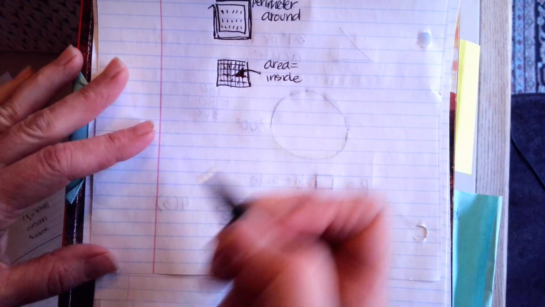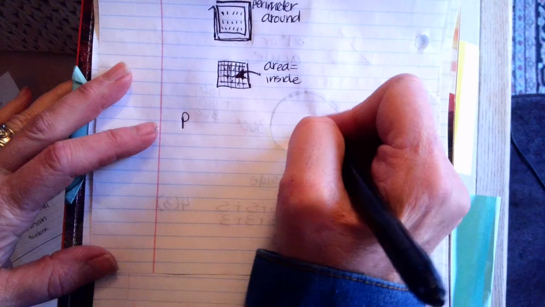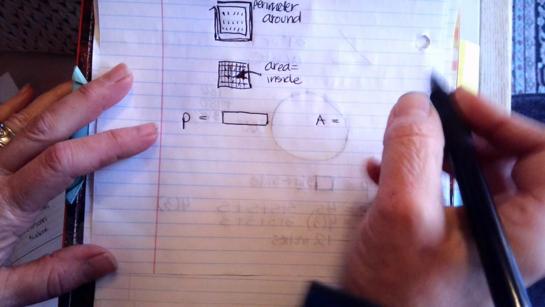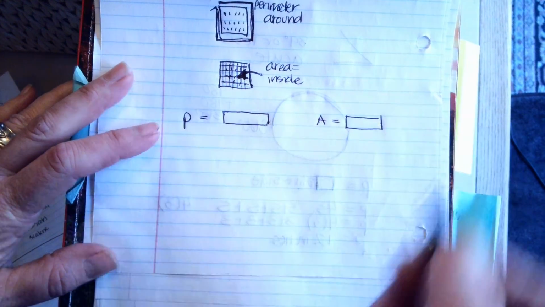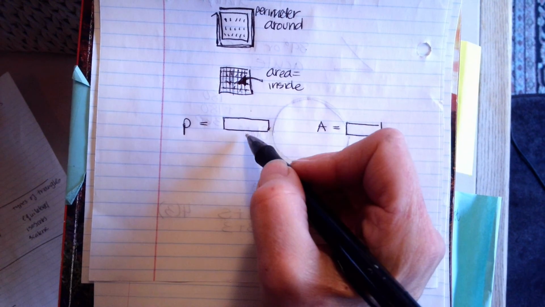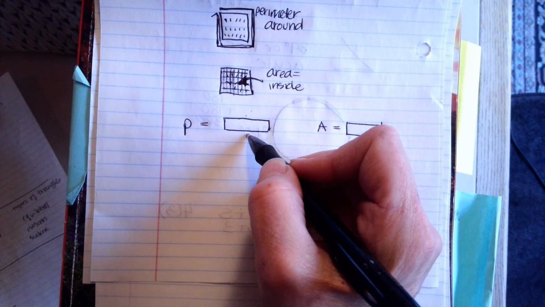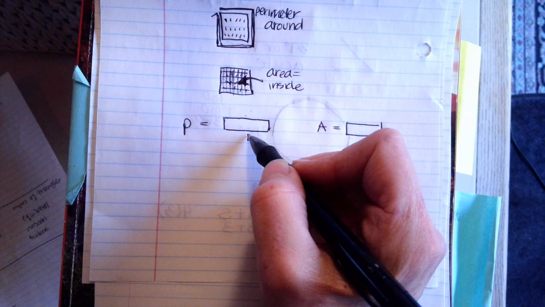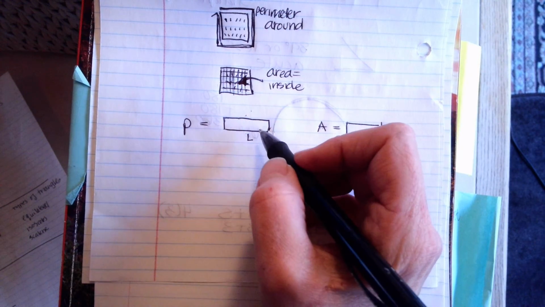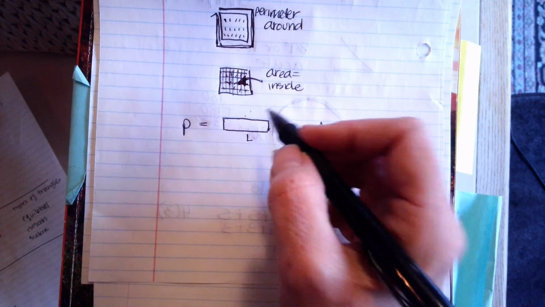Okay, let's go on to perimeter and area of a rectangle. So now we have a rectangle. And the definition of a rectangle is that it has 2 equal sides. So we have the length, and this length has to be, if it's a rectangle, so put your hand down, honey, and just listen for a minute.